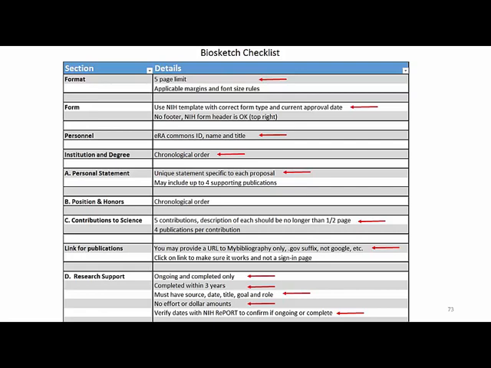The bottom part is the research support, which is different than the other support. On the next guide, the checklist basically goes through what all the requirements are for research support and what all the requirements are for other support.